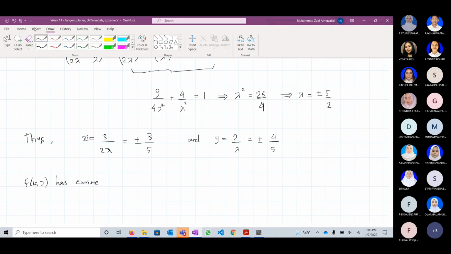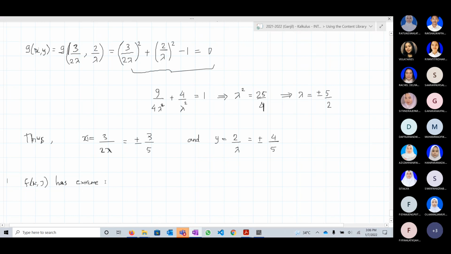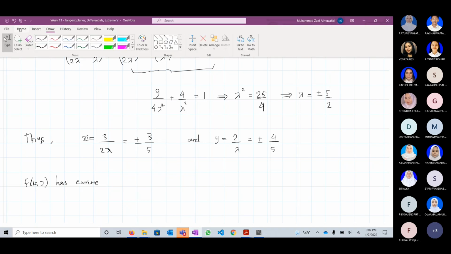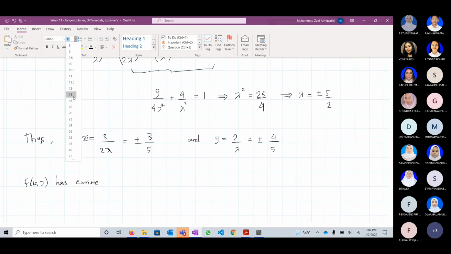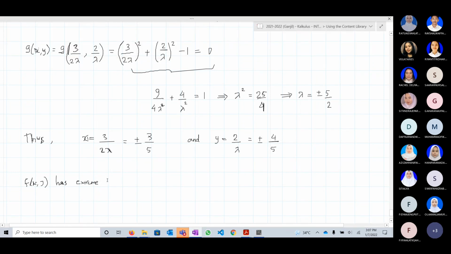I think I will just use type. Extreme values.